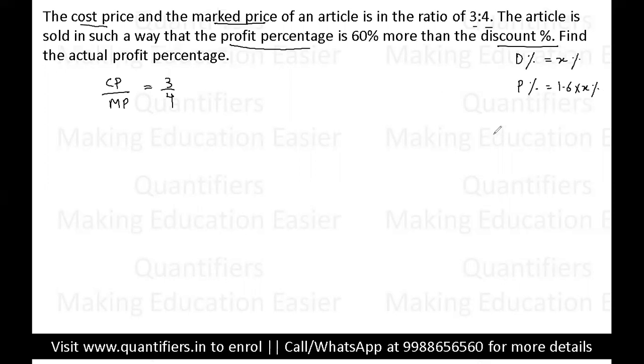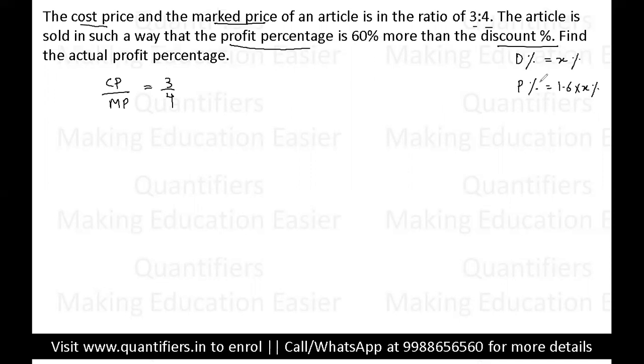Okay, students. So now you can see if it is given that profit percentage is 60% more than the discount percentage, and I have already explained that this means profit percentage will be 1.6 times the value of the discount percentage.